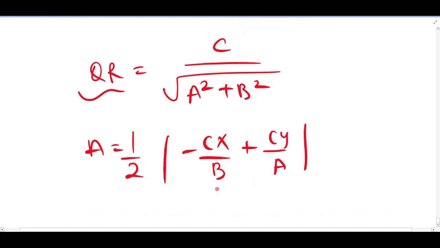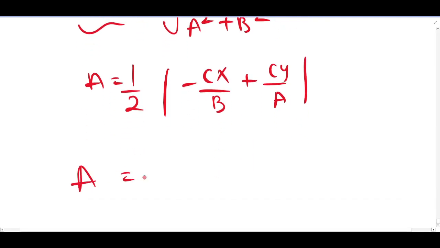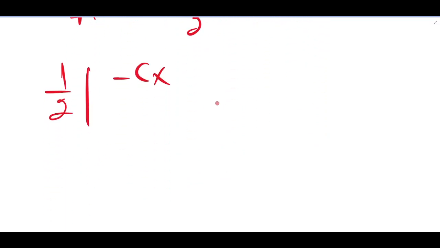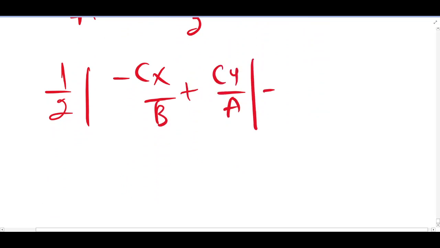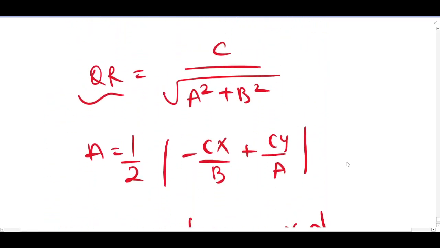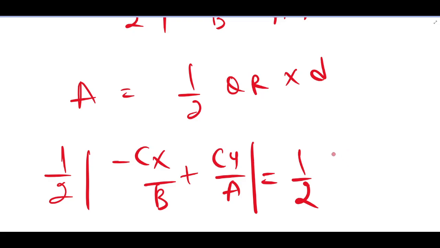So area of triangle is given by half QR into perpendicular distance d. So half cx by b plus cy by a is equal to half cross c by root of a square plus b square into d.